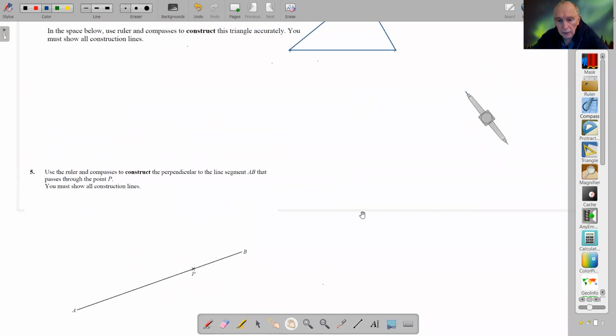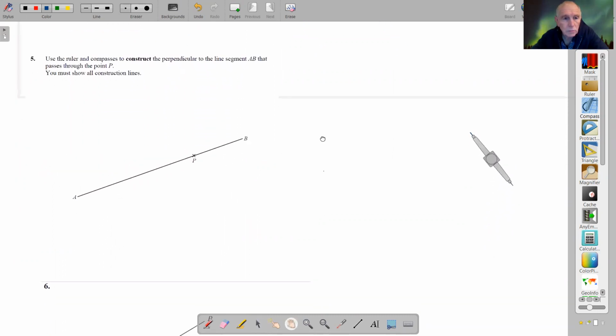Now it goes on to say, use the ruler and compasses to construct the perpendicular to the line segment AB that passes through the point P. In addressing this, what we've got to understand is a geometrical shape called the rhombus. You may have come across a rhombus.